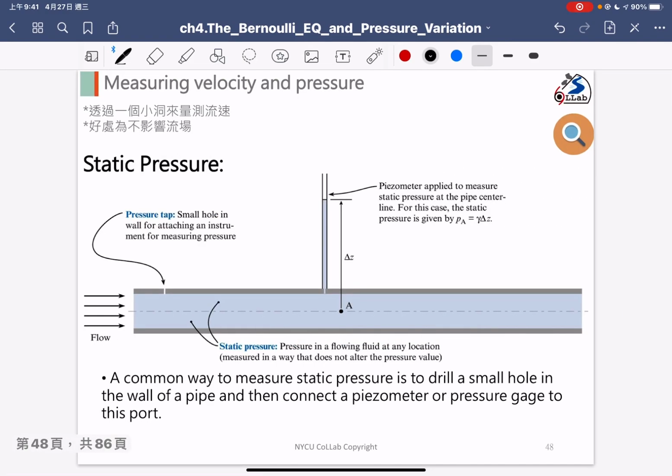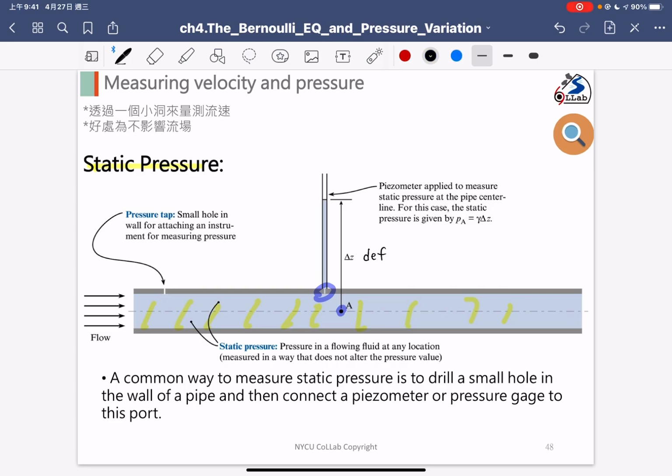Okay, so how about the applications of Bernoulli? As you can see, this is what we call the static pressure tube. We have a pipe with some flow, and we make a hole here and put a manometer tube at the hole. How large is the pressure at location A? It is indicated by the deflection height.